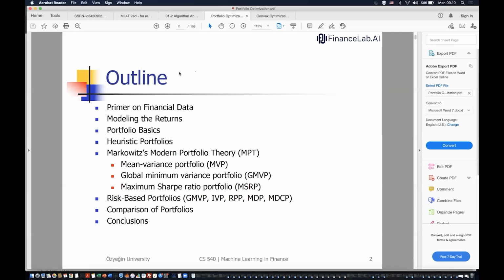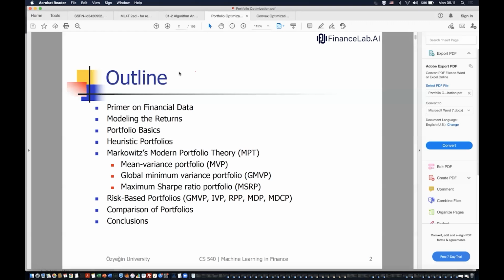So in the outline, we'll start with some primer on financial data. Then we'll talk about modeling the returns and the portfolio basics. Then we'll discuss some of the heuristic portfolios that are used and perform quite fairly in practice. Then we'll continue with the Markowitz portfolio theory, which is the one that is mainly used.